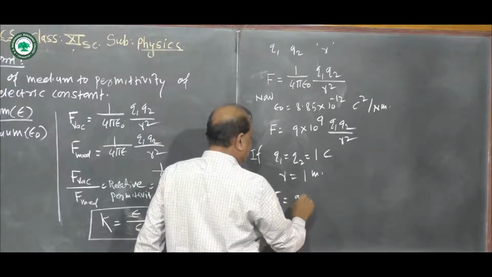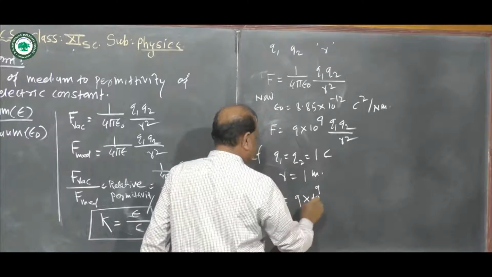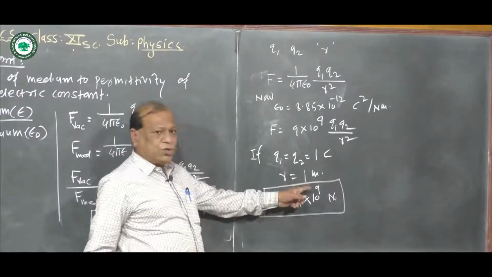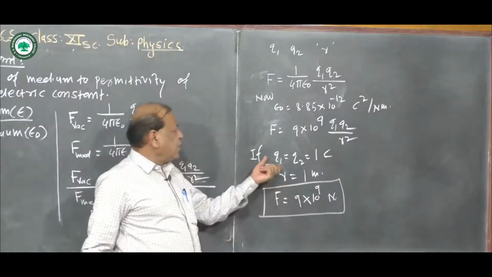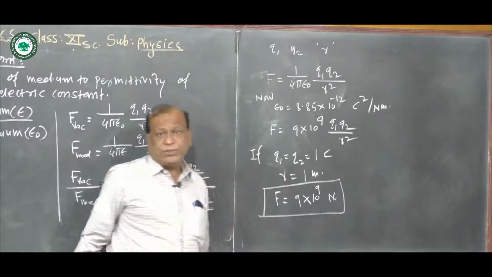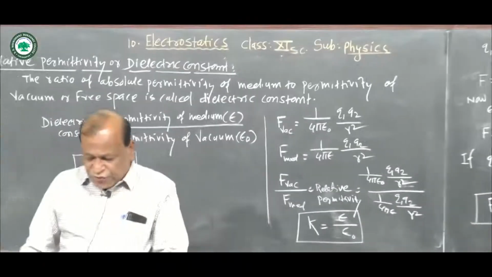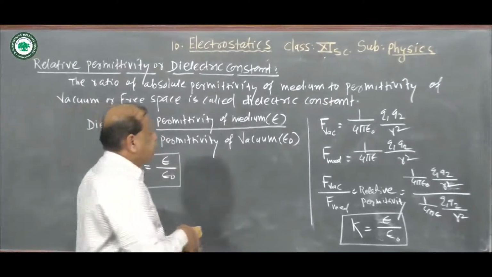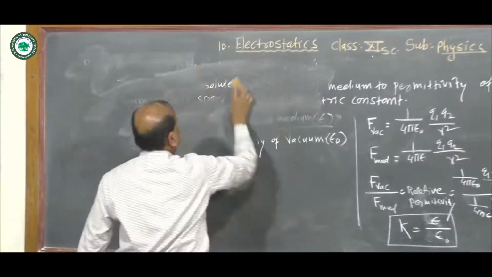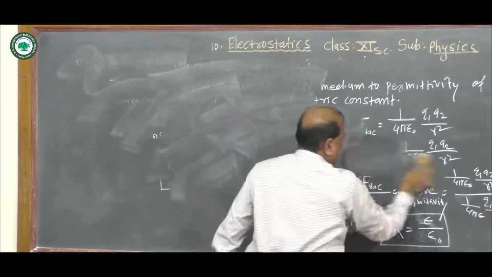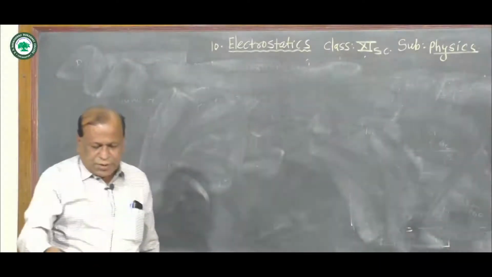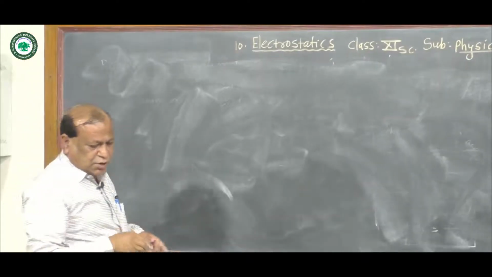The force is equal to 9 into 10 raised to 9 Newton, if Q1 and Q2 are 1 coulomb and R is equal to 1 meter. From that we have to define 1 coulomb. From that equation, when the force is equal to 9 into 10 raised to 9 Newton, we can make the definition of 1 coulomb.